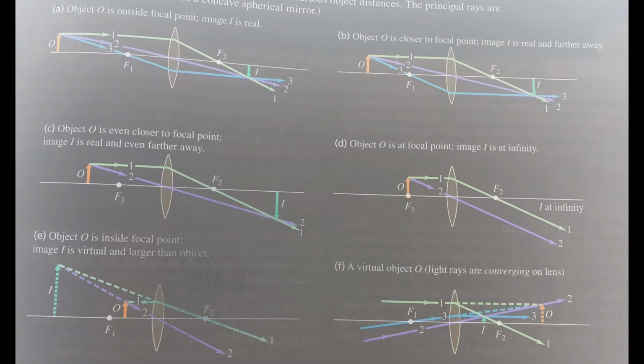So if the distance between the focus and the lens is longer than the object distance, so here where it says object O is inside the focal point, then the image I is virtual and it is larger than the object. If you trace back the light rays, they will meet at a single point, and that is where the virtual image is formed, the dotted line.